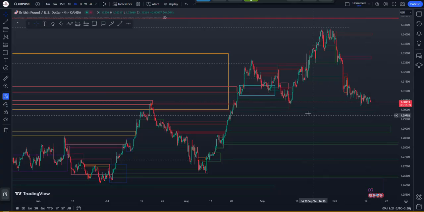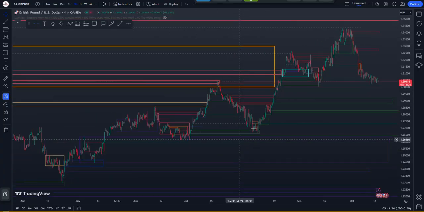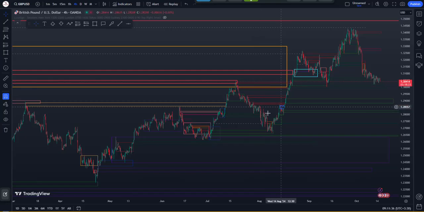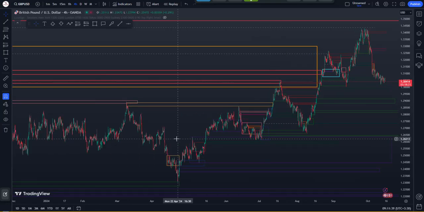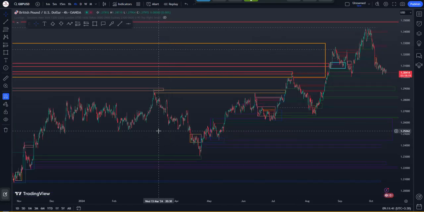So before that we have to find some demand zones, the last places where long orders were executed, and wait for them to be engulfed for going to the big shorts.